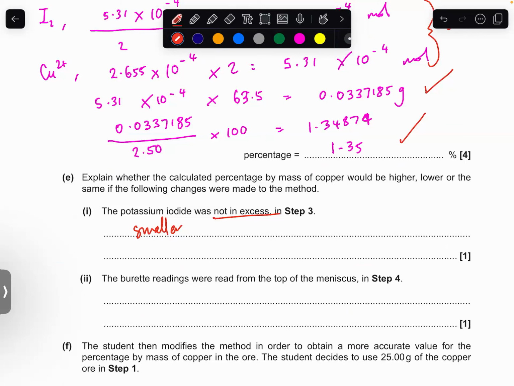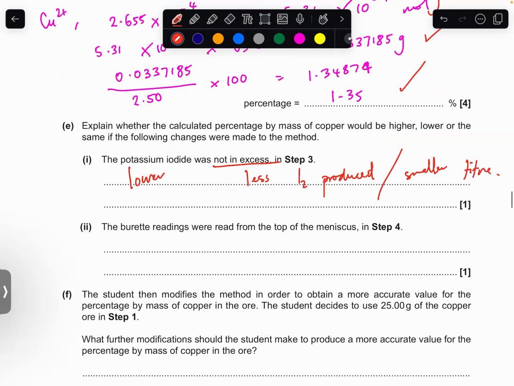Because less iodine is produced. Sorry, they asked us to use the word lower. Lower percentage by mass, and this will give you a smaller titer.